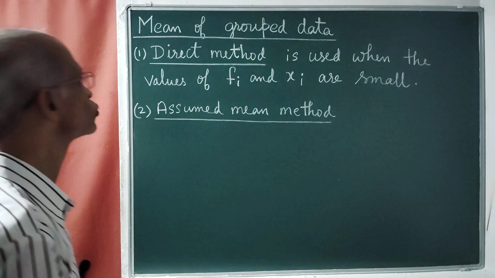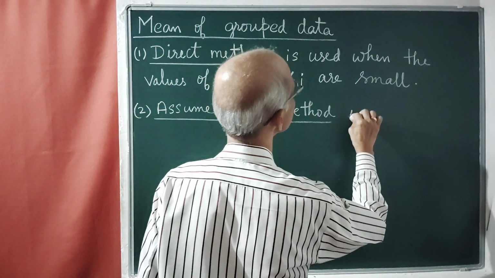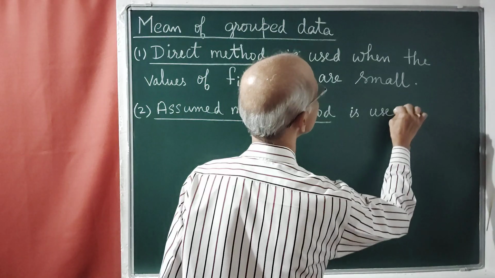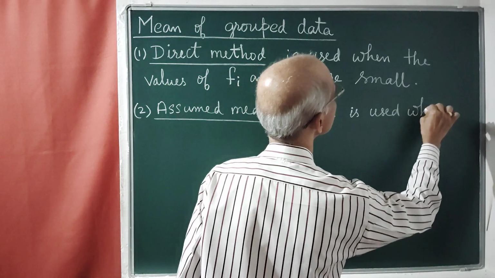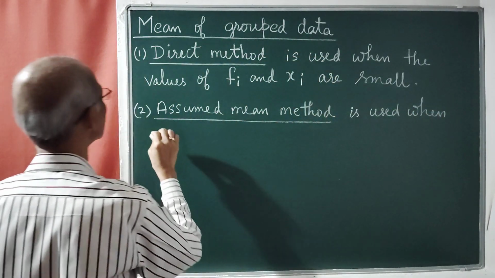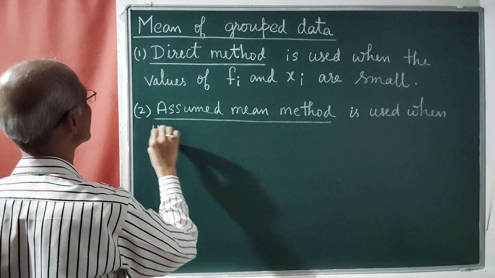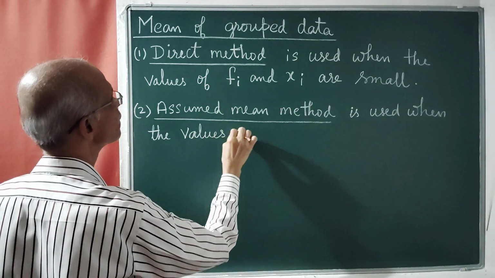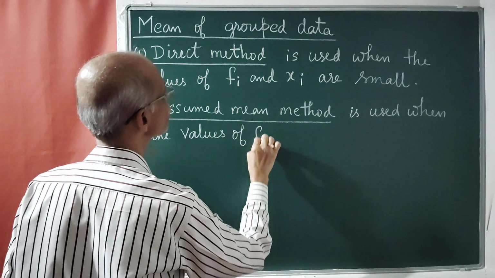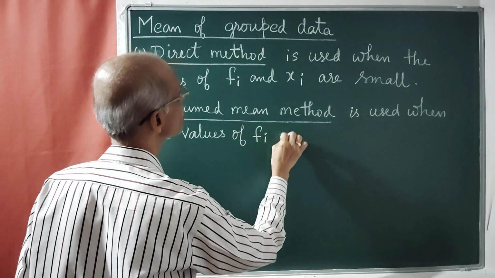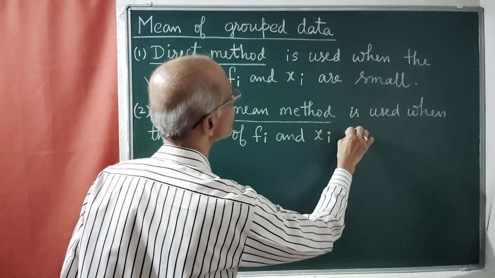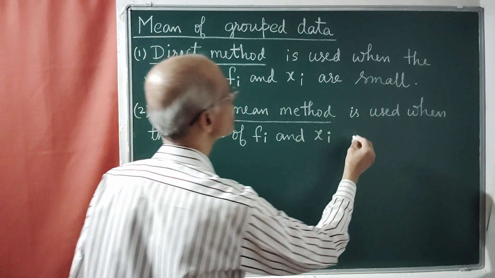Assumed mean method is used when the values of fi and xi are large.